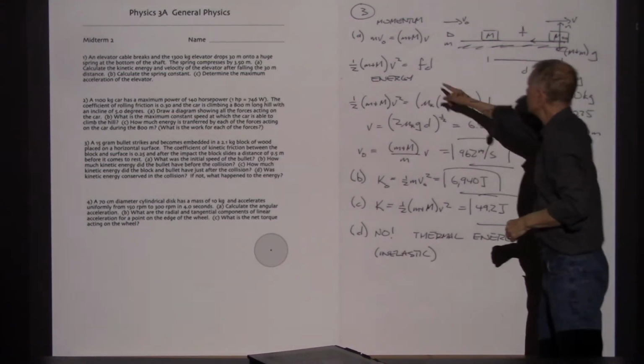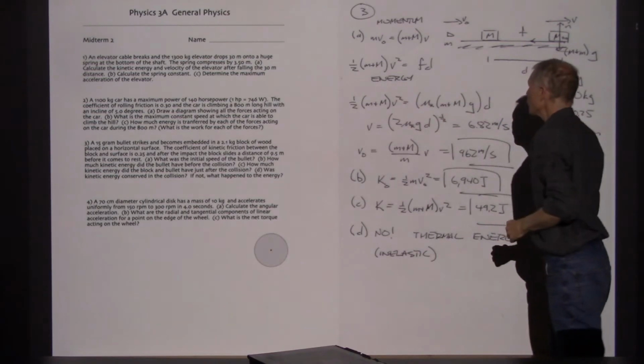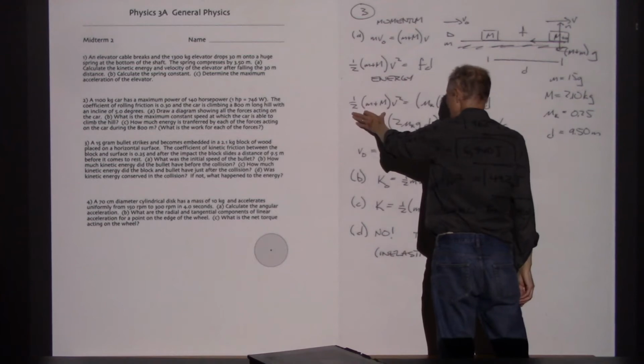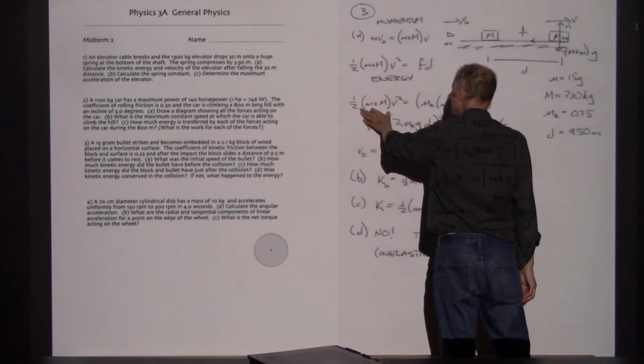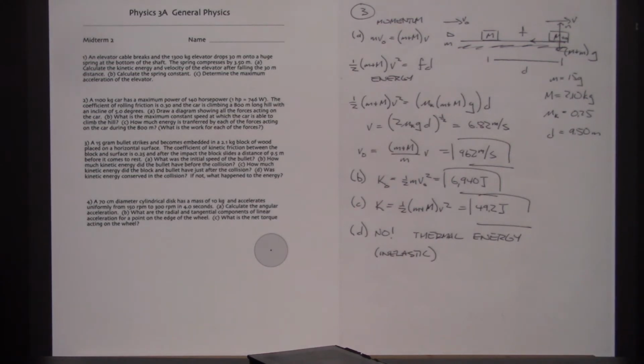So I have substituted this in for the frictional force, times d, and then the kinetic energy right after the collision. Right after the collision happens, there's going to be a kinetic energy 1/2 (m plus M) v squared. Now the mass in this case includes the bullet and it includes the block.